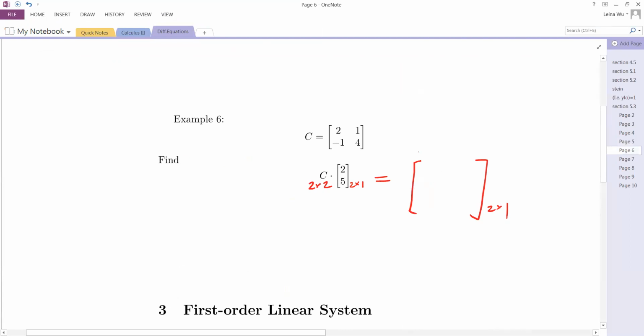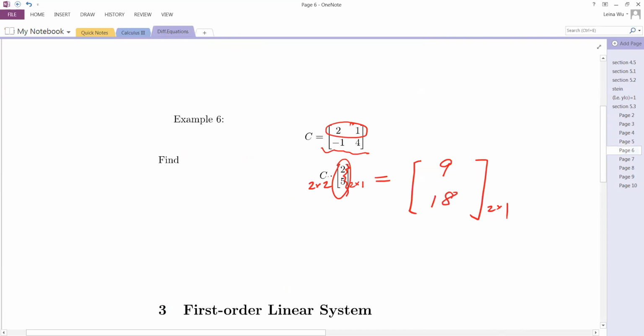Same thing. The first entry will be first row times first column. So 2 times 2, which is 4. 1 times 5, that's 5. So 4 plus 5, which is 9. Second entry would be -1, 4 times 2, 5. So I have -2 plus 20, which is 18.